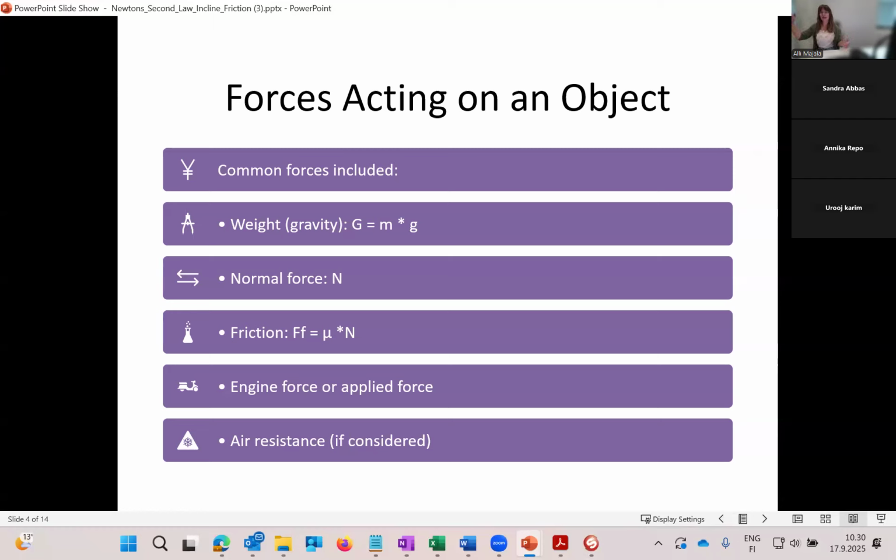But when you're on an inclined plane, you can't do that anymore, because the G is pointing like this and the normal force is pointing like this. So the normal force is here, but the G is towards the center of the earth. So this is the really important equation that you need. Okay.